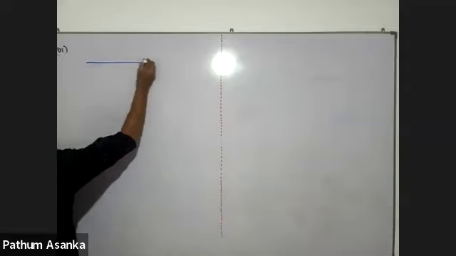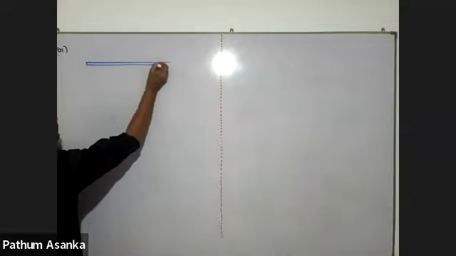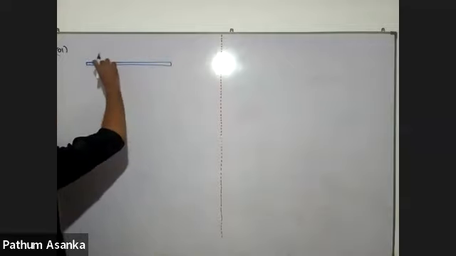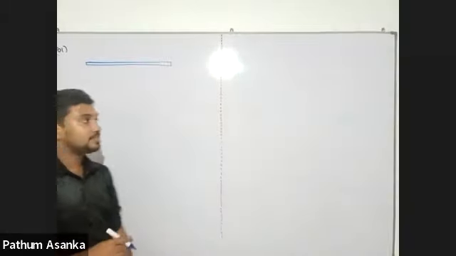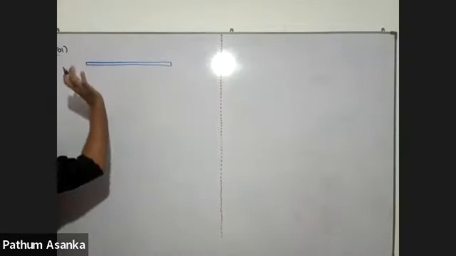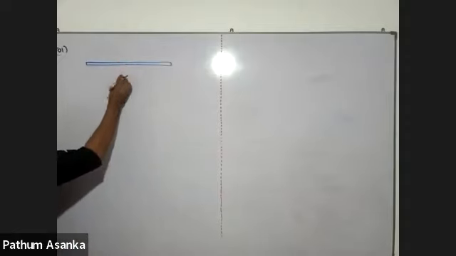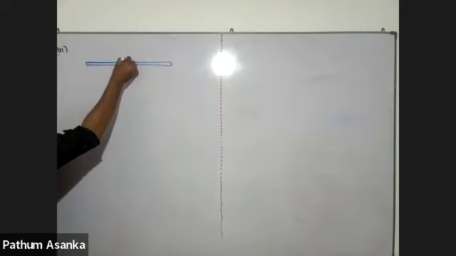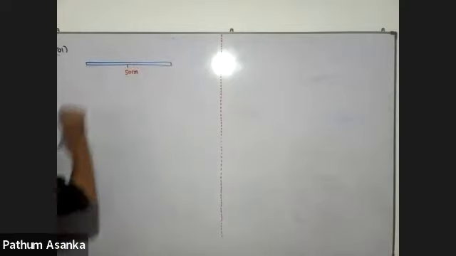So when you take a meter rule, if the meter rule has a uniform surface area, the center of gravity should be located at the middle of the meter. That means at the 50 centimeter mark, right?